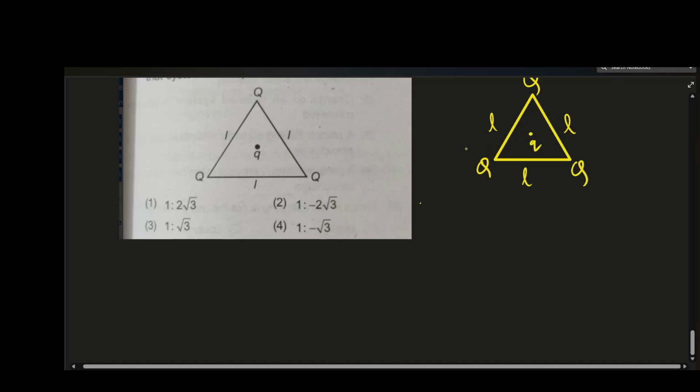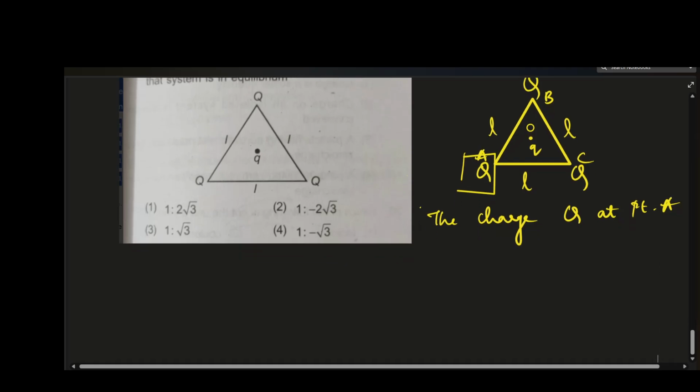Now let us consider this charge plus Q. They are telling us the system is in equilibrium, right? So we also name the points so that it will be easier to understand. Let's say this point is A, this point is B, this point is C, and this point be O. Then the charge Q at point A experiences a net force of 0, right?